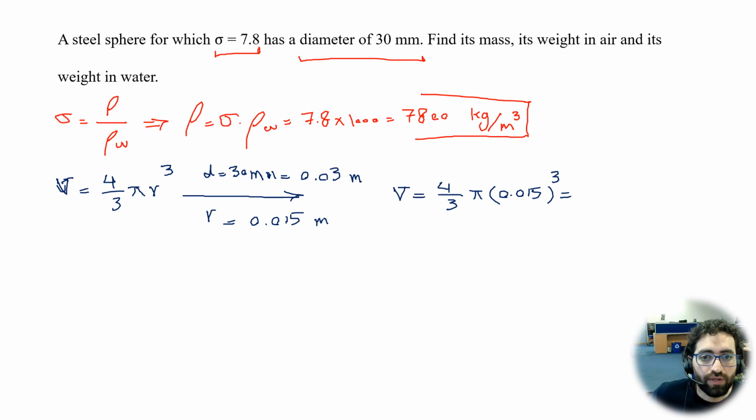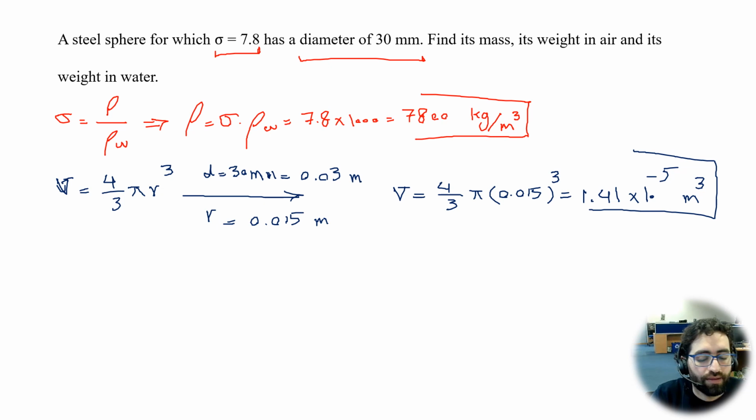I pause here and give you time to find out how much our volume is. Okay, so our volume is 1.41 times 10⁻⁵, and the unit is meter cube.